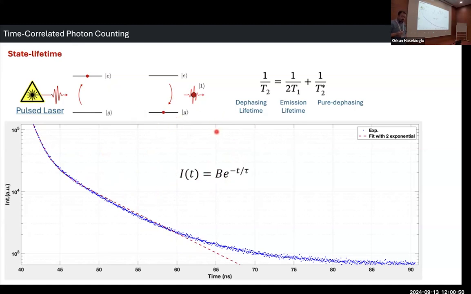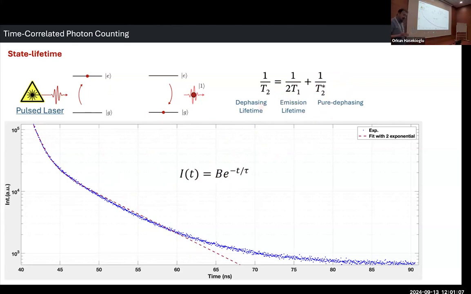Then you can check if it's a perfect emission: if there is no pure dephasing like electron-phonon interactions, etc., then you will see that the T2 value will be equal to 2 times T1, which is what you are measuring now, T1.